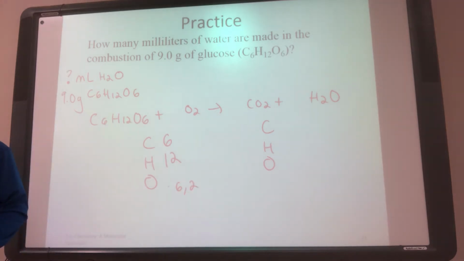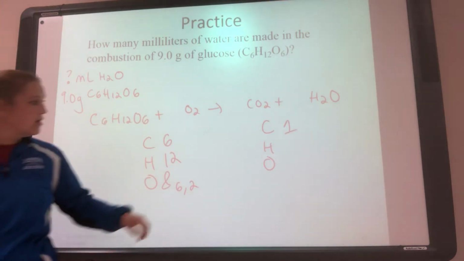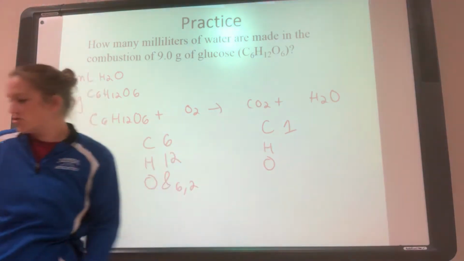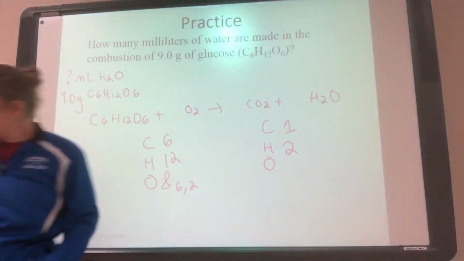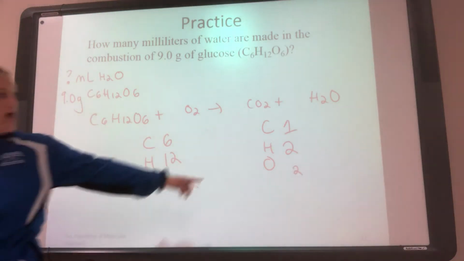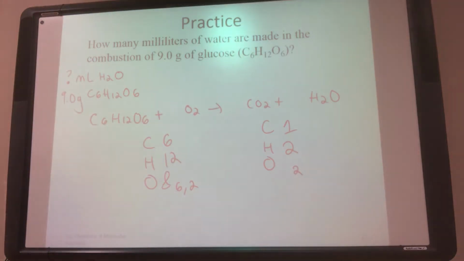So that's a total of 8 oxygens. How many carbons here? 1 carbon. Okay. 2 hydrogens. Oxygen, I have 2 from here and 1 from there. So it gives me 3 oxygens.